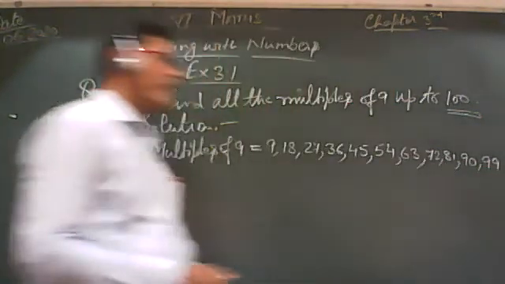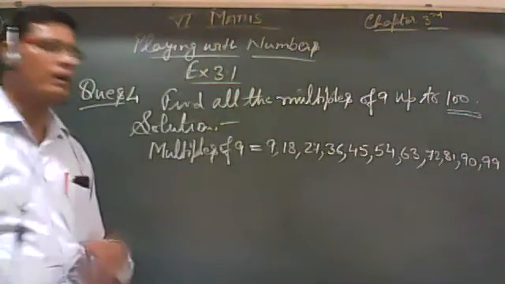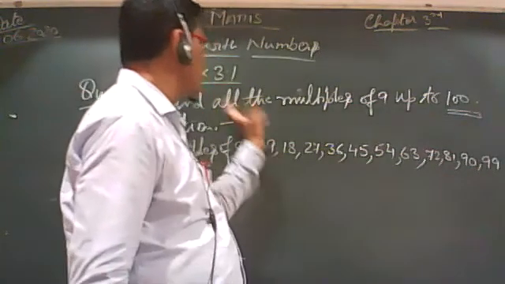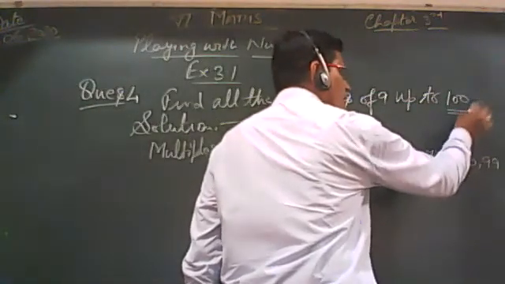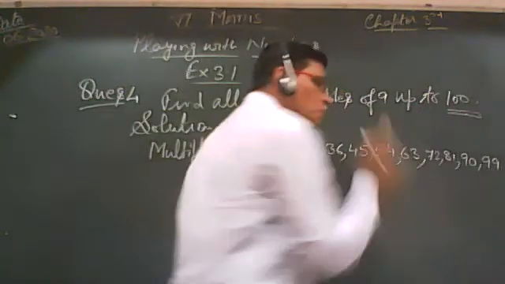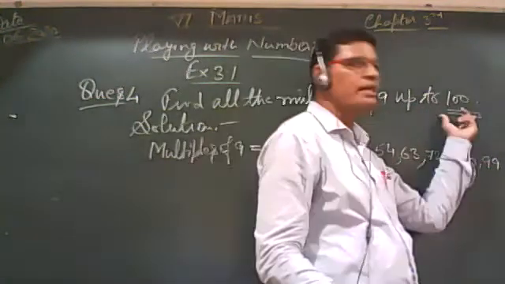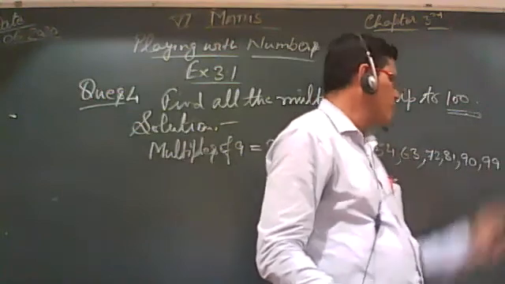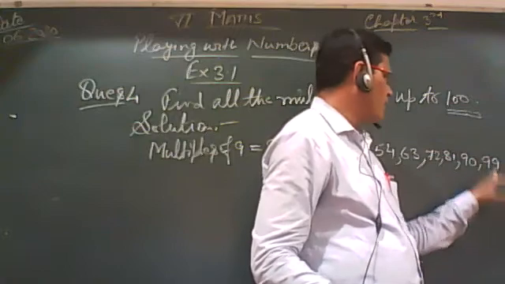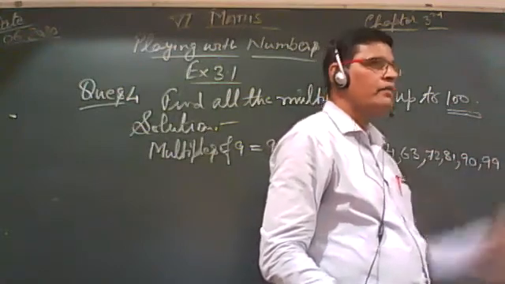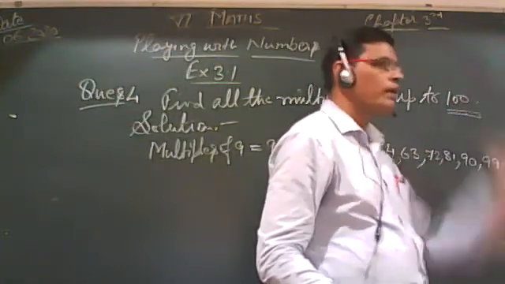But 9 12s are 108. 108 is more than 100. But in the question it is given, you have to write all the multiples up to 100. Not more than 100, but up to 100. That means equal to 100 or less, nearest to 100, and my nearest is 99. 9 12s are 108, we cannot write it because it is more than 100.